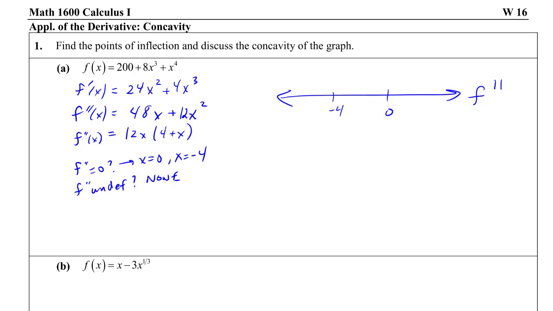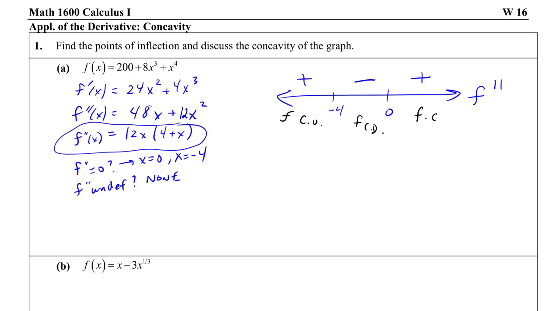So I'm going to plug in, say, -5. If you plug that in to the second derivative, you're going to get a positive number. If I plug in, say, -2, I'm going to get a negative in there. And if I plug in, say, 2, I'm going to get a positive over there, giving me the function is concave up there, concave down there, and concave up there.